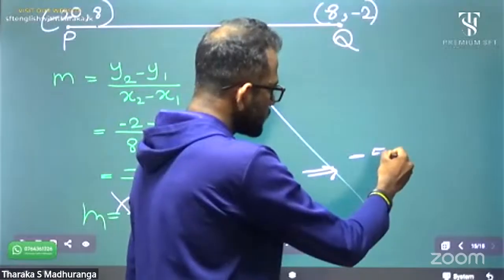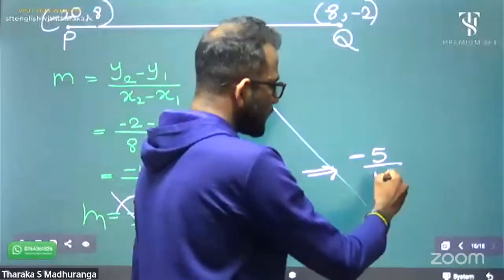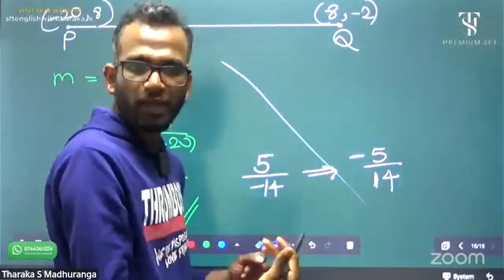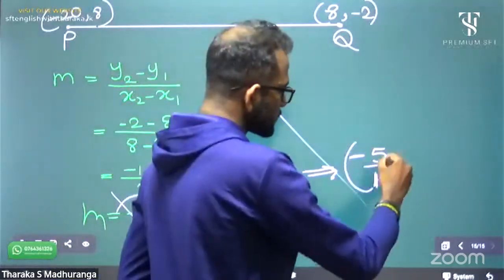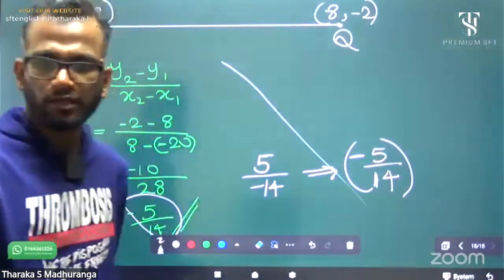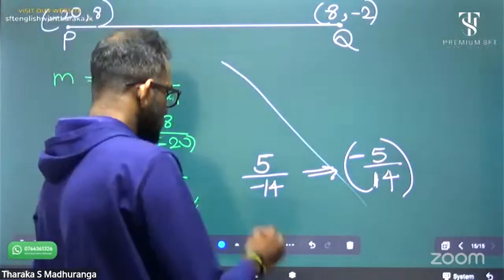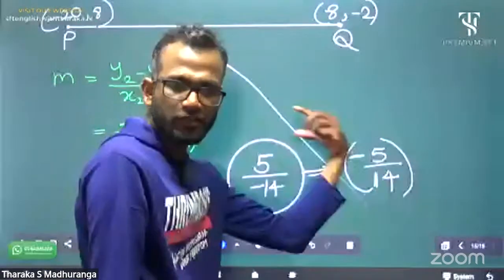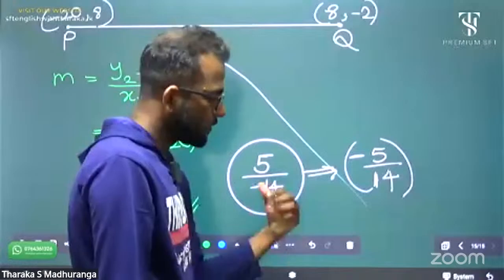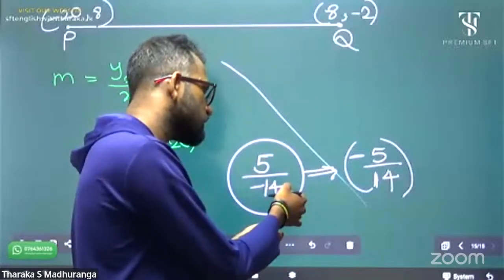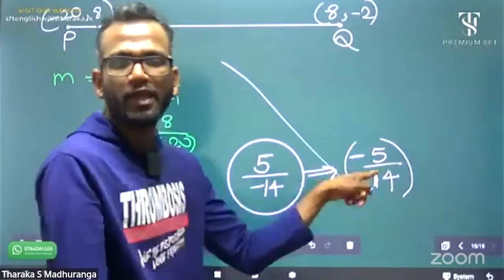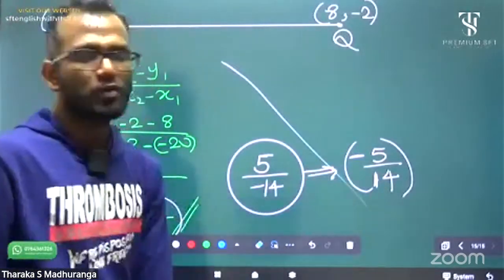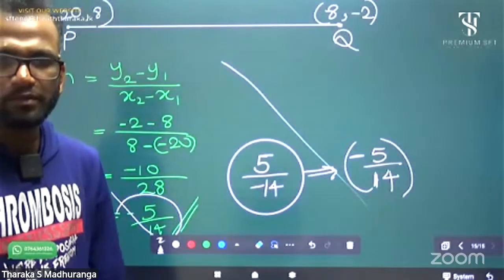Minus 5 over 14. Again plus by minus divided, the final answer is minus, correct. But it's not the way. You have to convert in this way. 5 over minus 14 is some answer, but plus and minus divided, the entire answer becomes minus. Entire answer minus 5 over 14.